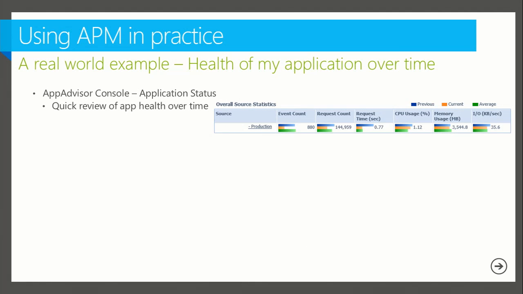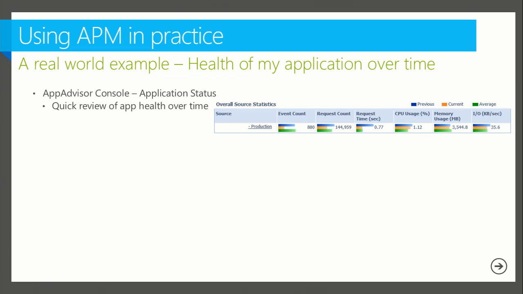Whereas the previous report would give you the all-up for your site and help you quickly determine which application is causing pain, this report is a nice report for focusing on a single application, the application status report. Where it's powerful is that it allows you to compare how the application is performing now with how the application performed a week ago, or you can select a month ago or as much as 6 months ago.